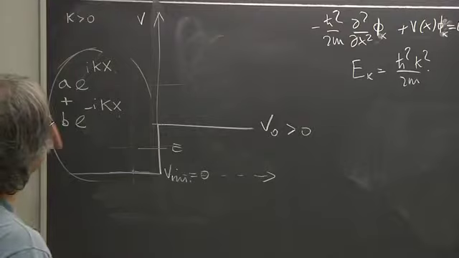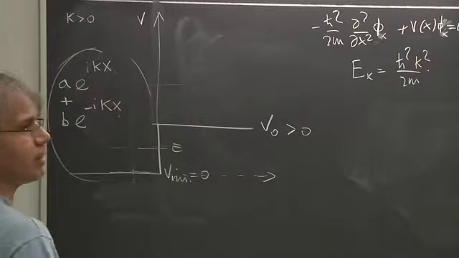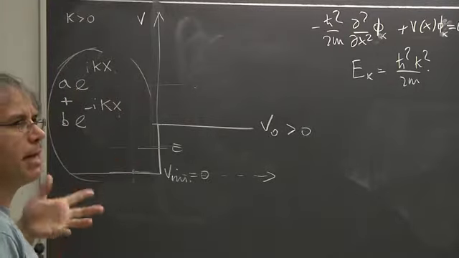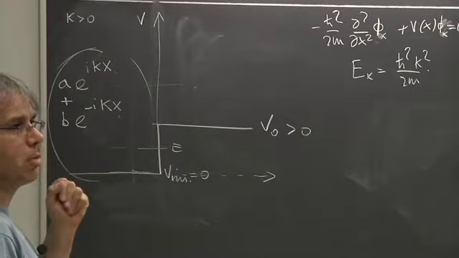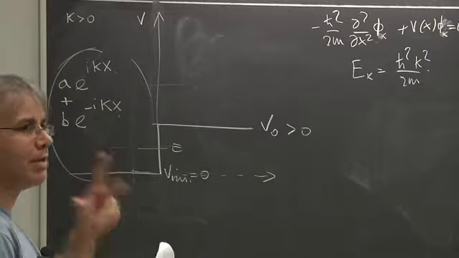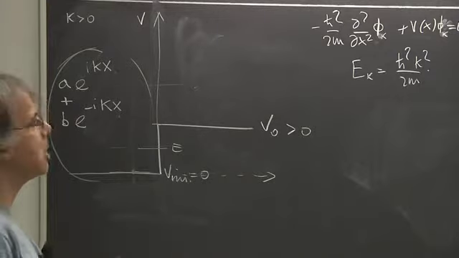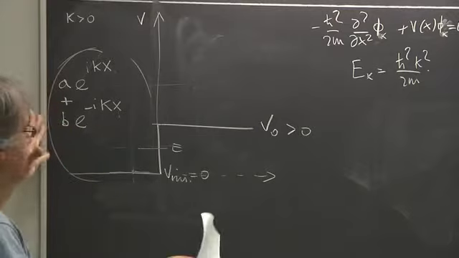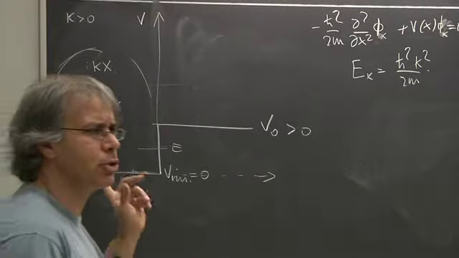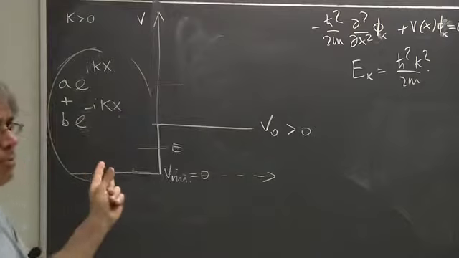Notice also, these are plane waves oscillating forever. So there is no question that you would be able to normalize them in any possible way with a finite normalization, okay? The only possibility would be to put the particle in a finite box, but this is not what is usually done in this type of problems, okay?